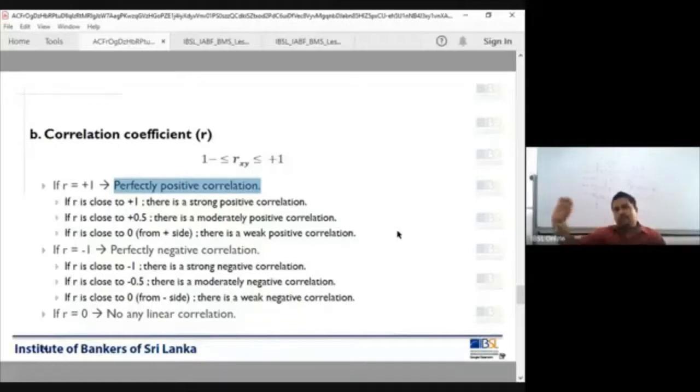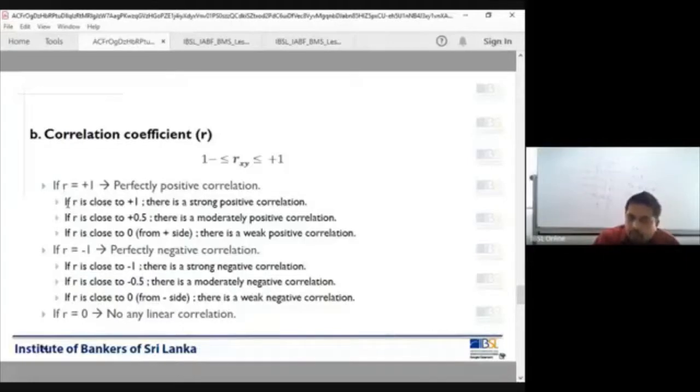That means all the data points for the x's and y's, smaller x's, smaller y's, higher x's, higher y's, okay, everything in those relationships could be recognized in a perfectly straight line where perfect positive correlation is recognized if R is +1. On the other hand, if R is -1, perfectly negative correlation. For the smaller x values, higher y's, higher x values, smaller y's, negative correlation, perfect. That means all the data points will again come to the same trend line, best fit line or regression line.